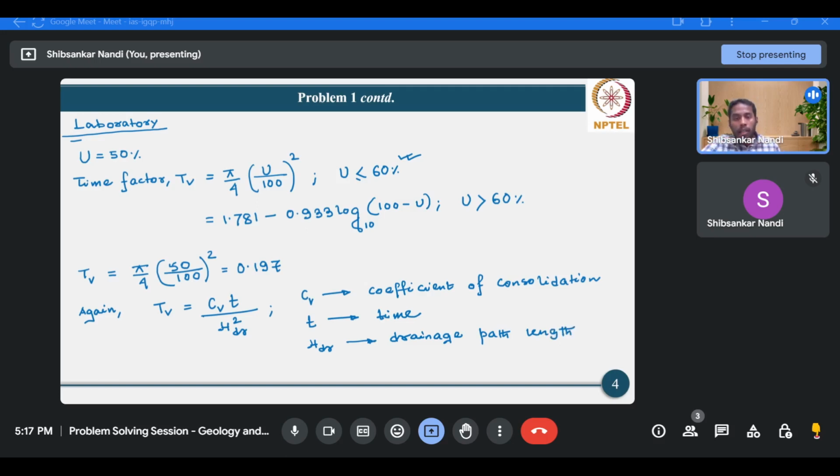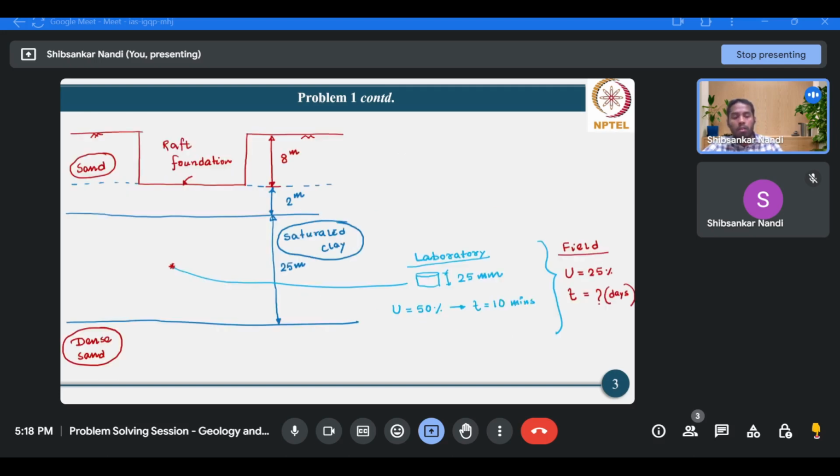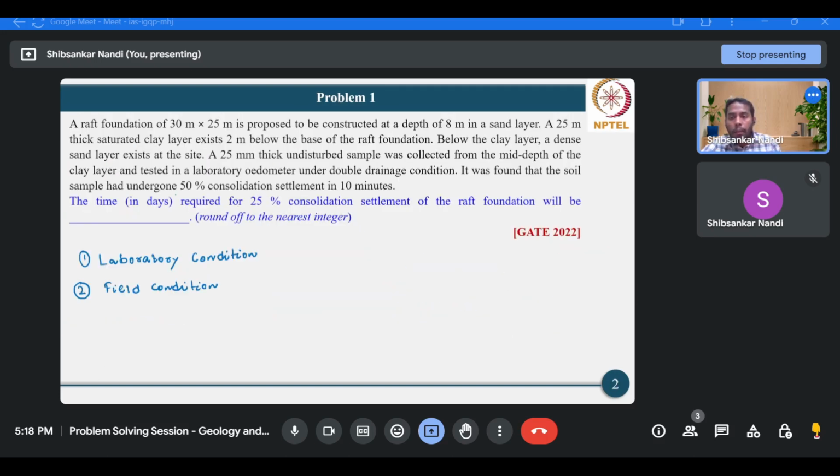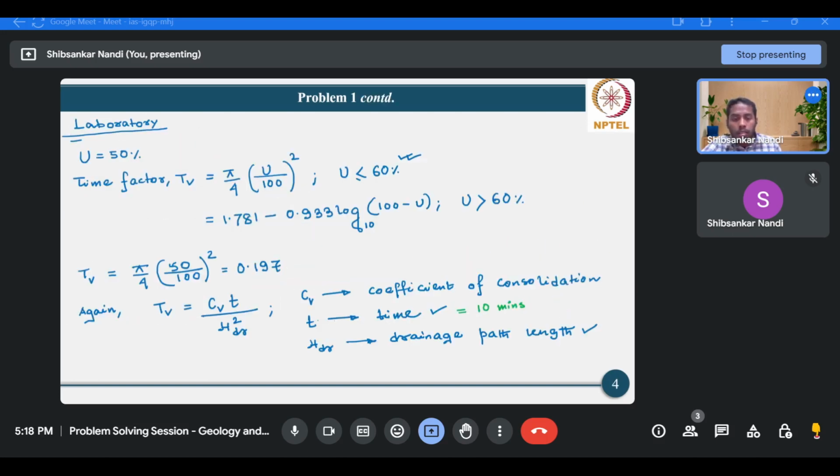Now for the laboratory condition, we know this value T, time, and the drainage path. How? So the time is 10 minutes for 50% consolidation as mentioned in the problem statement, and the drainage path length is 25 by 2, that is 12.5 mm.